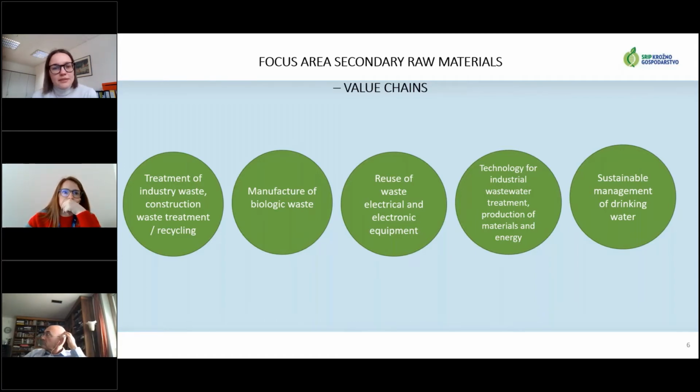And in the slide, you can see the value chains that are already created in this focus area. So treatment of industry waste, manufacture of biologic waste, reuse of waste, electronic and electrical equipment, technology for industrial wastewater treatment, and sustainable management of drinking water.